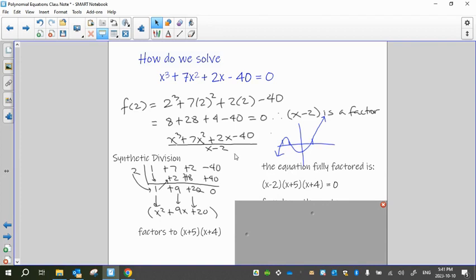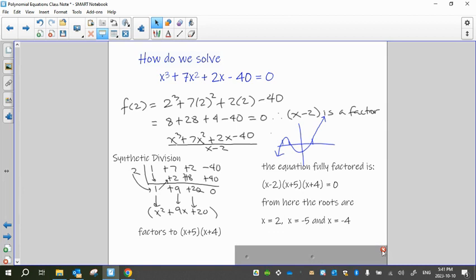X minus 2, which was the first factor we found using remainder theorem, and then when we factor the quadratic, x plus 5 and x plus 4. And then it's very easy for us to see that the roots would be at x equals 2, x equals negative 5, and x equals negative 4. And that would be the solution for our equation.